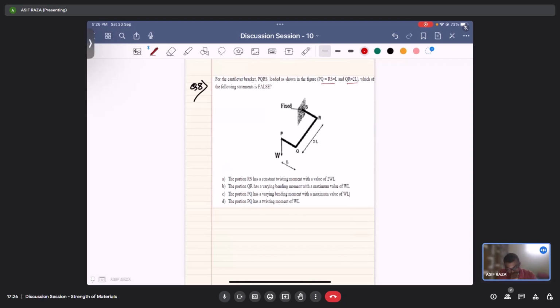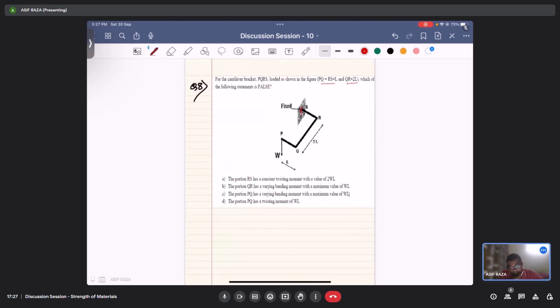If you see in this figure, at S it's fixed, then there is a cantilever bracket PQRS where RS dimension is L and PQ dimension is L, and the length of QR is equal to 2L. There's a downward force applied at the point P with the value W, and we have to find which of the following statements is false out of all the 4 statements provided.